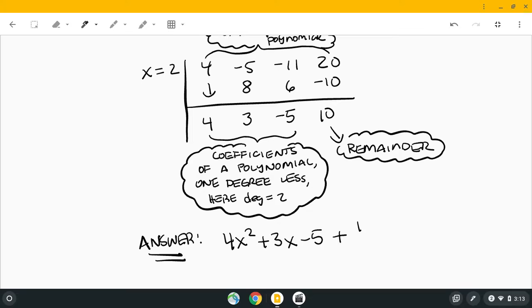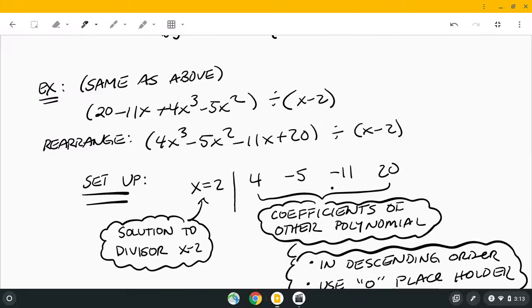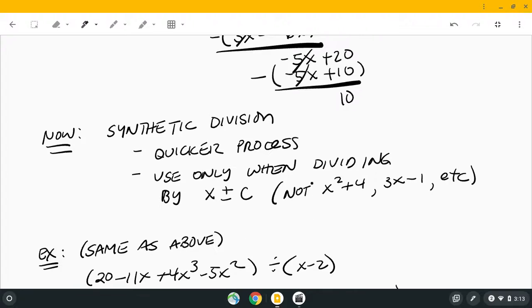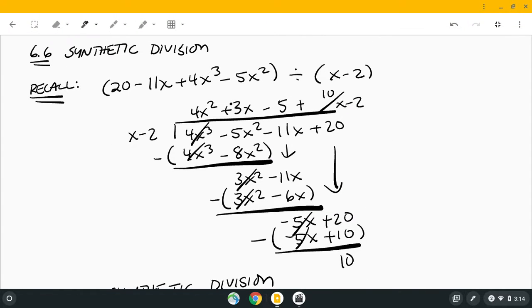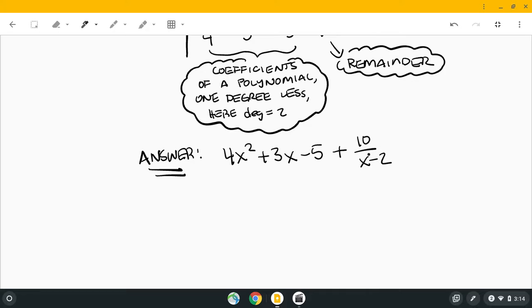So we're going to say plus 10 over x minus 2. And if we take a look, that's exactly the same answer that we got up here when we did the long division. 4x squared plus 3x minus 5 plus remainder 10 over x minus 2.